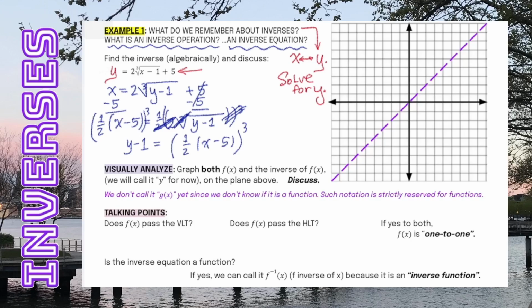And then to finish it up, I'm going to add 1 to the other side. So that's gone, and I will have plus 1 right over there. And then I'm just going to really exaggerate that parenthesis right there so that we can see clearly.